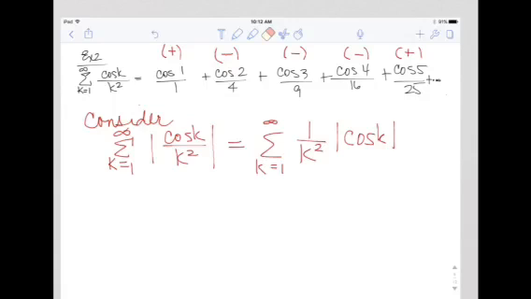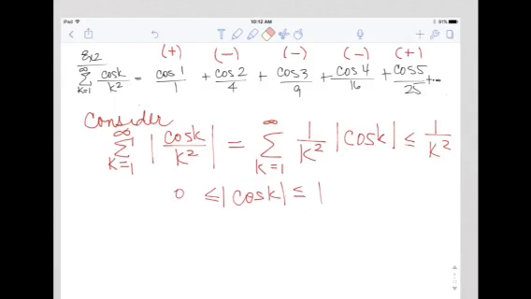Cosine and sine both can only ever range between -1 and +1. So if you're taking the absolute value of cosine of k, its largest possible value is 1. That implies that this is less than 1 over k squared, because the absolute value of cosine of k is between 0 and 1. So technically it's less than or equal to 1 over k squared.